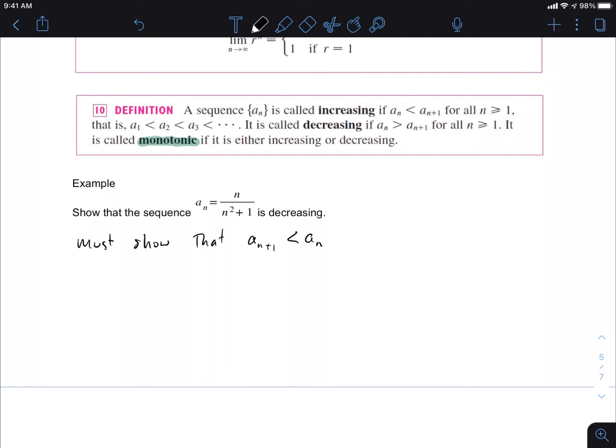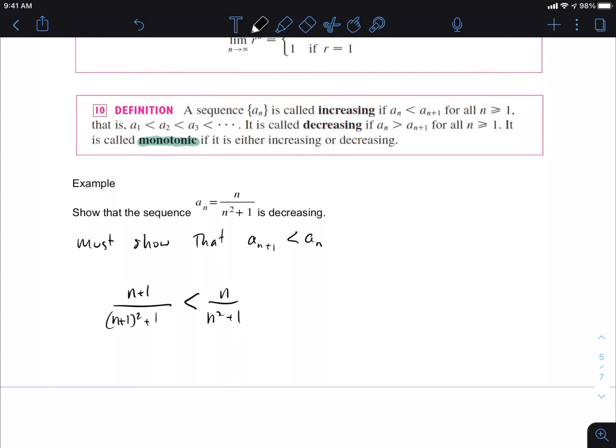Okay, so one of the ways to do that is, how do I show the next term if I don't know the number? Everywhere I see n, I'm going to have to make it n plus 1, right? Because that's what the notation's saying, right? I'm going to put n plus 1. So n plus 1 over n plus 1 squared plus 1 should be smaller than n over n squared plus 1.